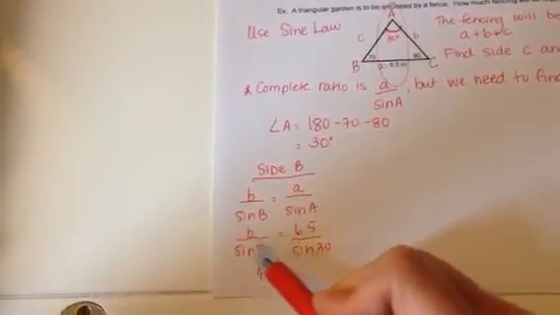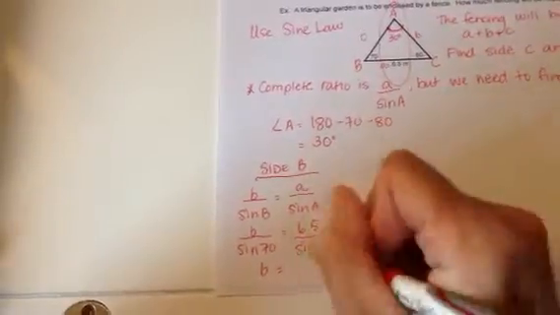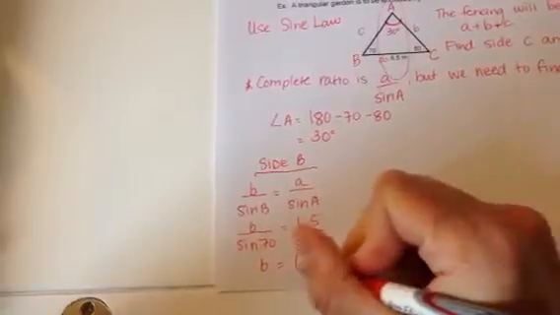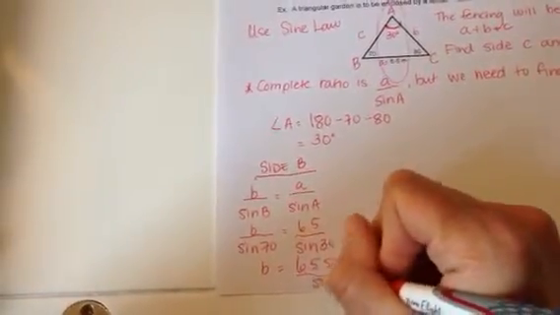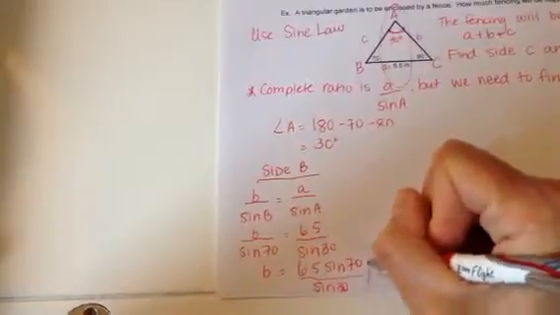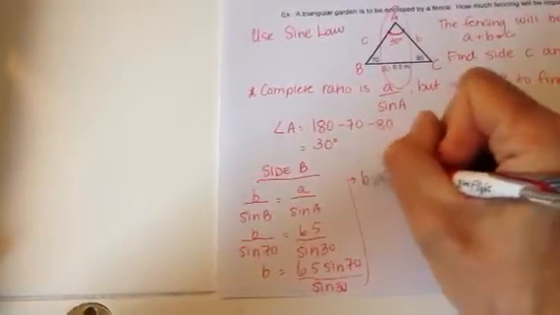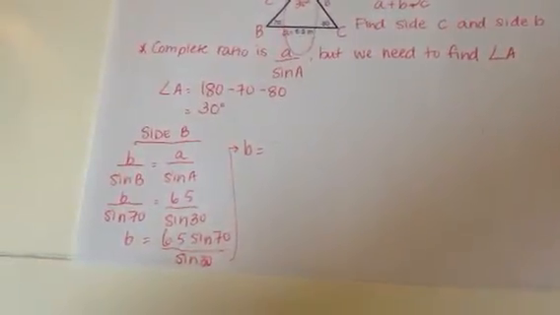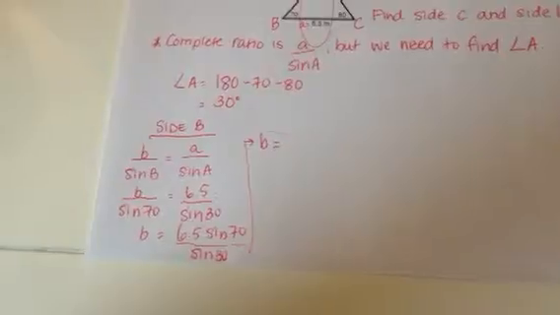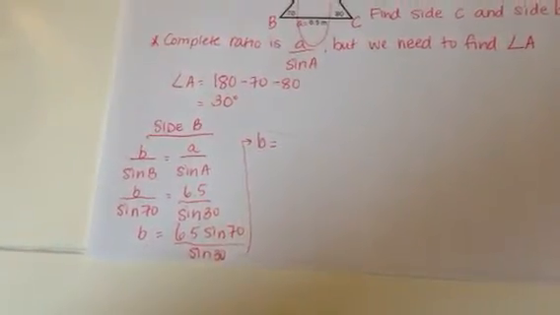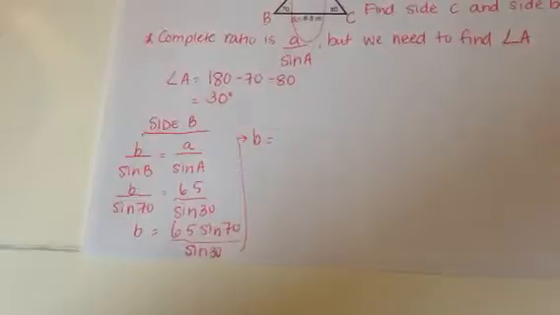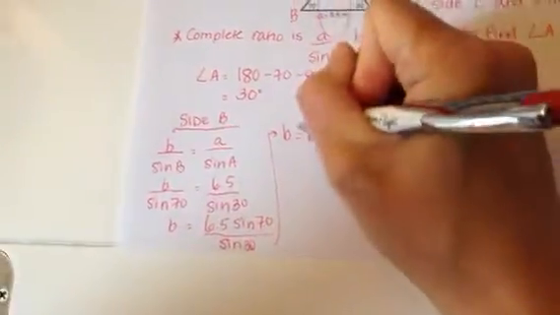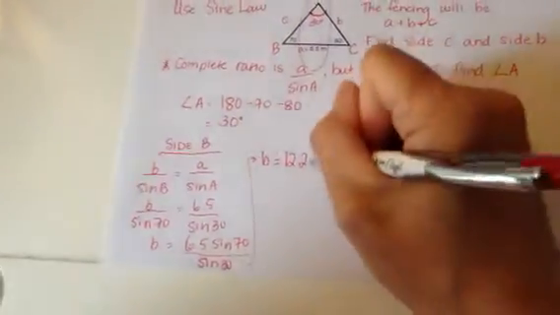It's being divided on this side, so to move it over, we multiply. So it's 6.5 times sine 70 divided by sine 30. Here it's just calculator work. So our side B is 12.2, and this is in meters.